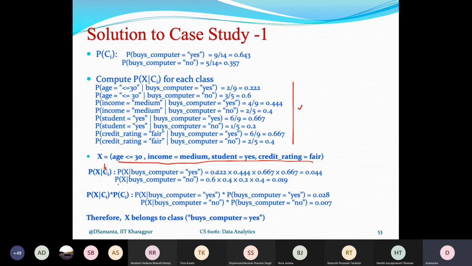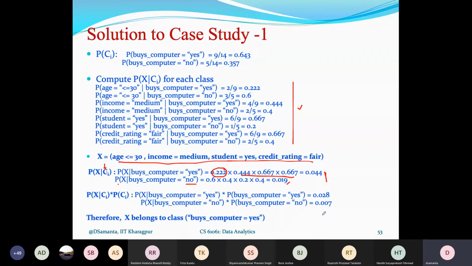I want to calculate it, and this is the posterior, this is the prior probability that this record X belongs to the class yes, and these are the posterior probabilities. This calculation gives you 0.044, right? And similarly for the no class, it is 0.019. So these are the different posterior probability and prior probability calculations.